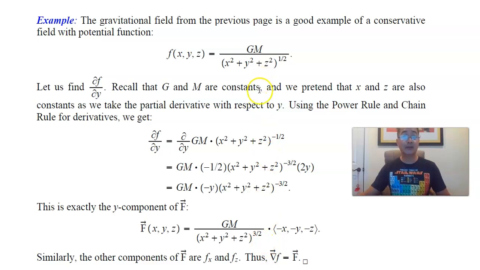Where did this come from? We're going to see in a couple of videos. We're actually going to solve for that. But for now, we see a minus x here and an x squared, y squared, z squared to the 3 halves here. We want a function whose partial derivative with respect to x is this thing.